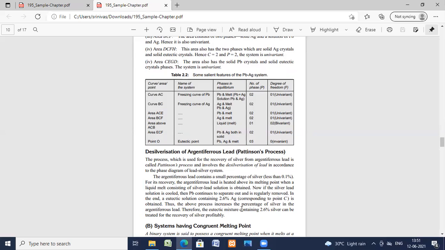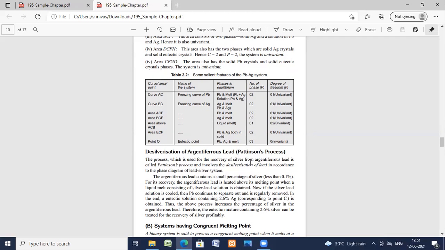Therefore, the eutectic mixture containing 2.6% silver is treated, recovering silver profitably. In this way we are applying our phase diagram principle, and by Pattinson's process we are desilvering, recovering silver from argentiferous lead.